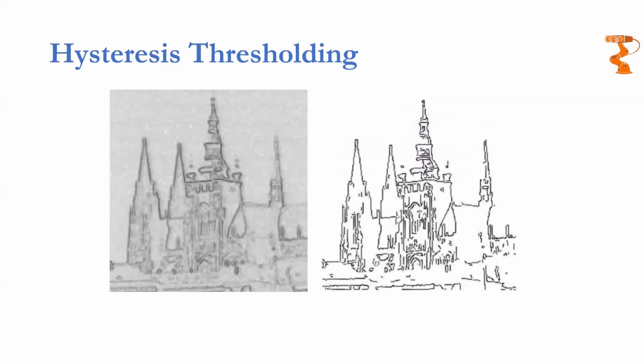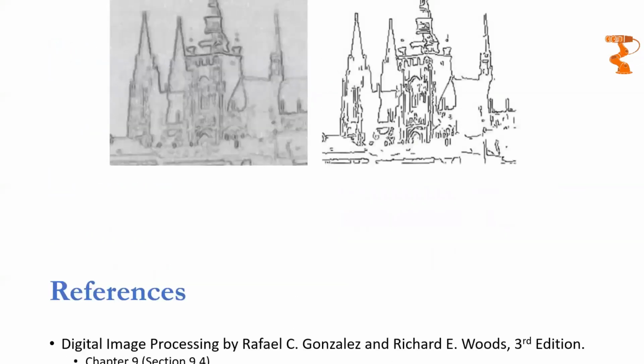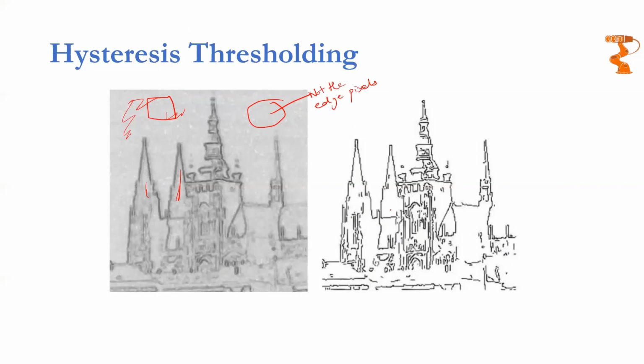This will be the result of hysteresis thresholding. You can see that all non-zero pixels which were present over here or over here have been removed because these non-zero pixels were not part of the edge. So now you can use any region growing technique to grow a region over here, and you can easily get a fully segmented portion.